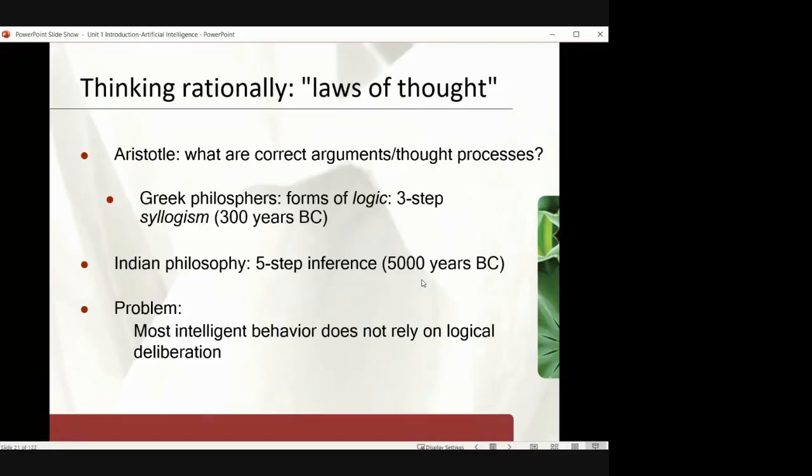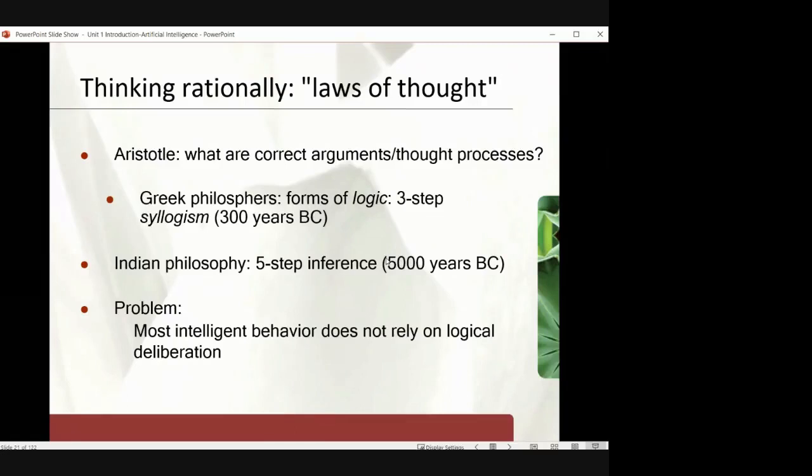Okay, 5000 साल पहले ही बोल दिया था कि भाई ये 5 स्टेप्स है, ये स्टेप्स करने पे ये कंक्लूजन पे पहुंचेंगे, ठीक है. तो वो हमने पहले ही बता दिया था, ठीक है, और उसके बेस पे ही एरिस्टोटल ने ये 3 स्टेप्स का सिलोजिज्म दिया है, ठीक है. ये 5 स्टेप भी क्या है, that we will see in detail in proposition logic, although it is not there in your syllabus, but it is very interesting to see.